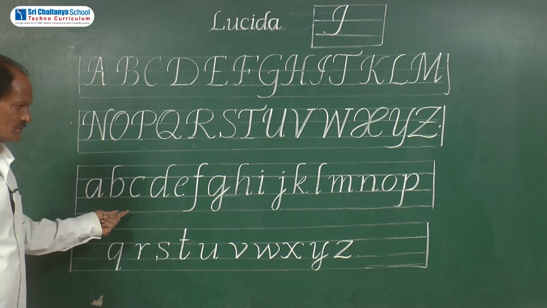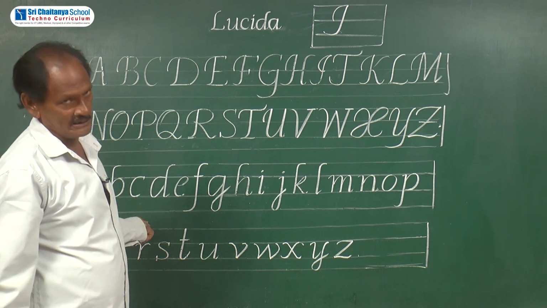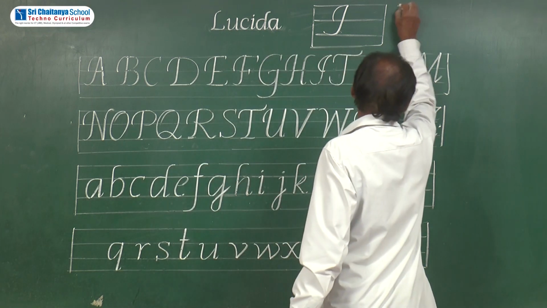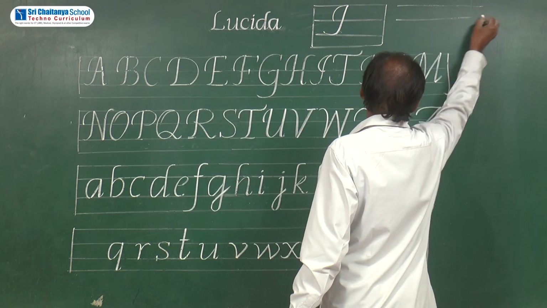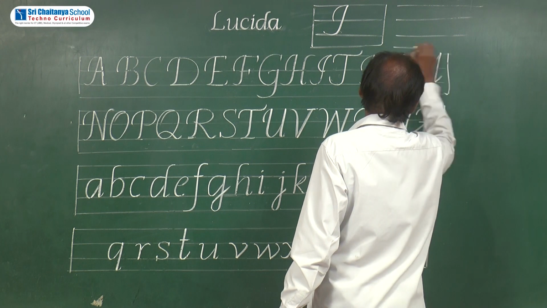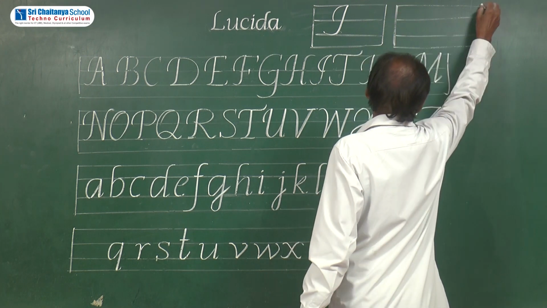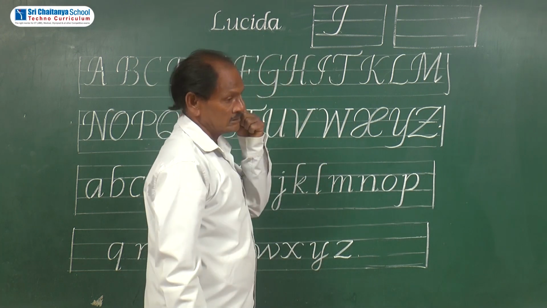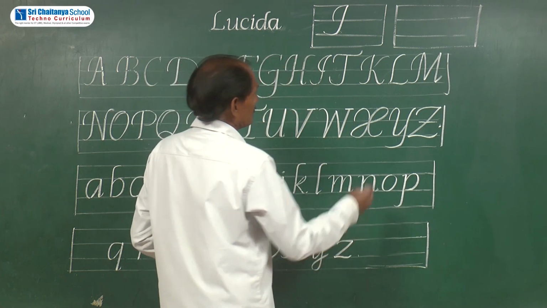The remaining strokes which help us to write the small letters are the 5 strokes. I have shown these 5 strokes of the small letters in the previous class only.